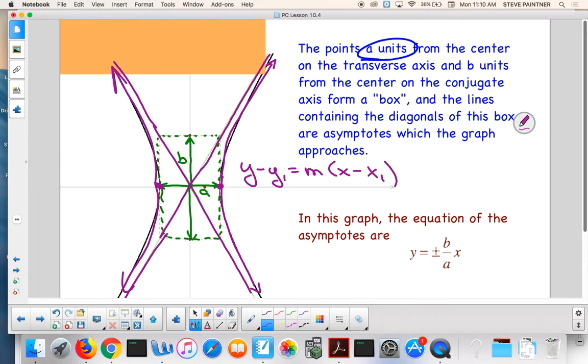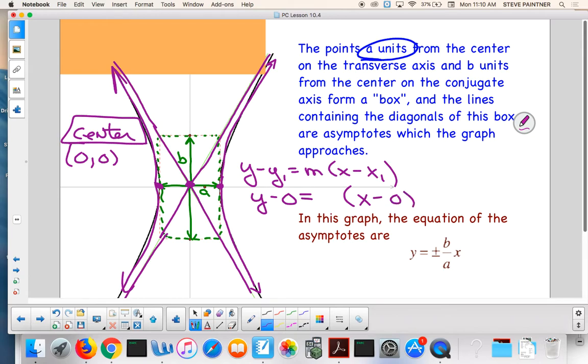Okay, it's the point slope form of a line. And if you were asked to write the equation to this asymptote, because this starts at 0, 0, right? 0, 0 is the center. Then this would be y minus 0 equals your slope, x minus 0, right?